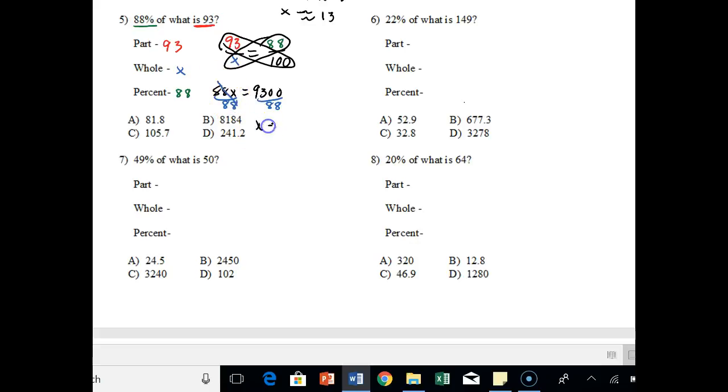So x is equal to 9300 divided by 88, which is 105 followed by a really long decimal. I'll call it 0.68. So again, they want you to round. So x is equal to about 105.7, right? We could almost even say 106, but because 105.7 is there, they said round to the nearest tenth.